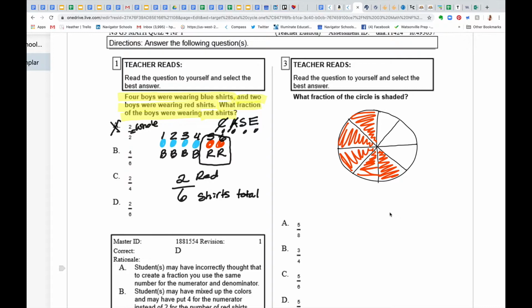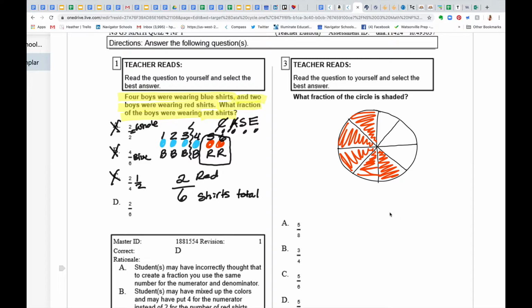I'm going to look at B, 4/6. Well, 2/6 were red, 4/6 were blue. I think the mistake here was they actually represented the blue shirts in this one here. So 2/4 would have been 1/2. I know that. And 1/2 of this set would be right here. So I'm going to say that's incorrect.